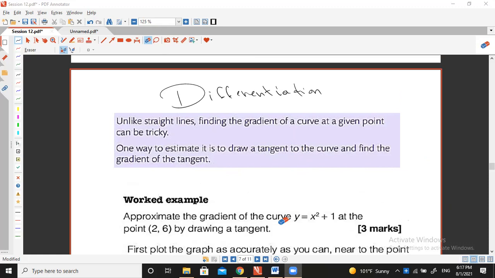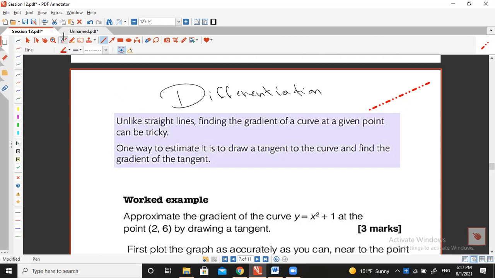Of course, you know that if you have any line, you can find the gradient of the line, yes, the slope of the line. So if you have a line like this, you can find its gradient.